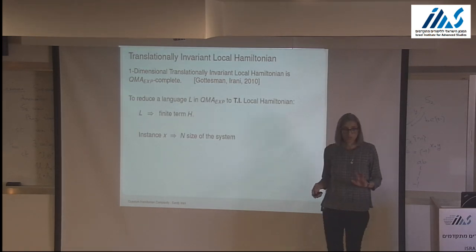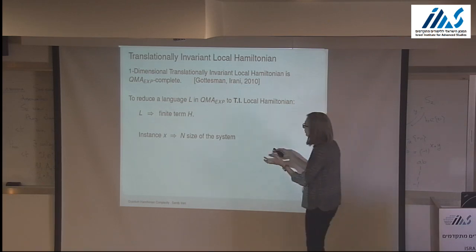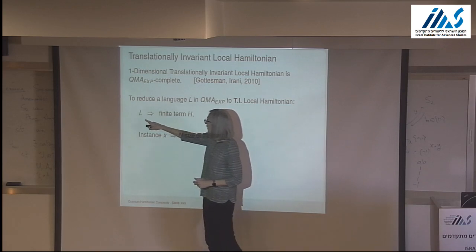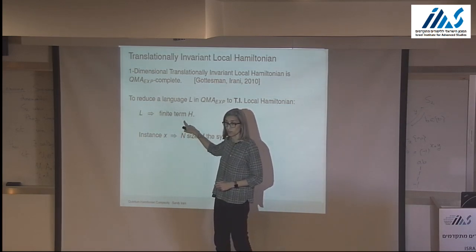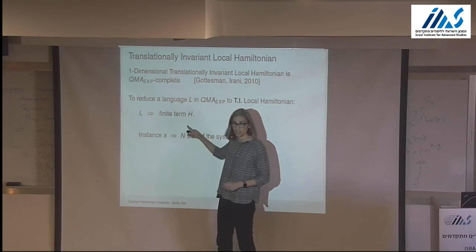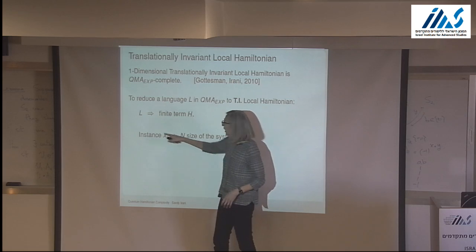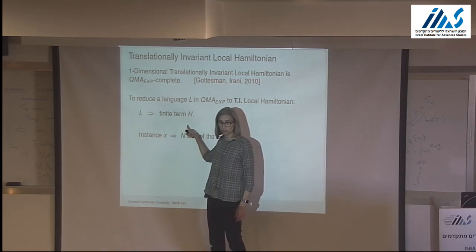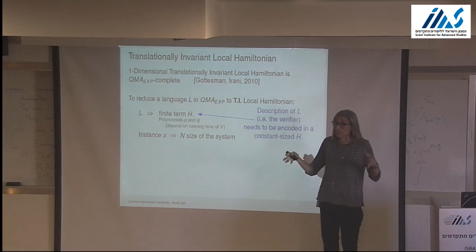So let's look at what a reduction is going to look like. I take some generic language in QMA_EXP, and I'm translating the language into some finite Hamiltonian term. This is constant size. This is fixed once and for all. It doesn't get to grow with the size of the input. So everything I know about my language has to be encoded in this term. Circuits, by their nature, are big objects.